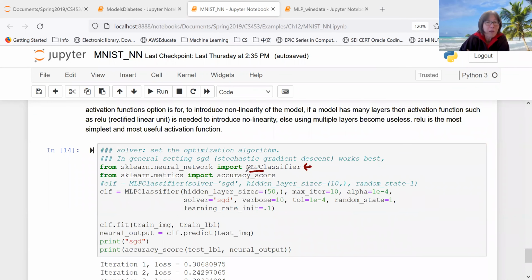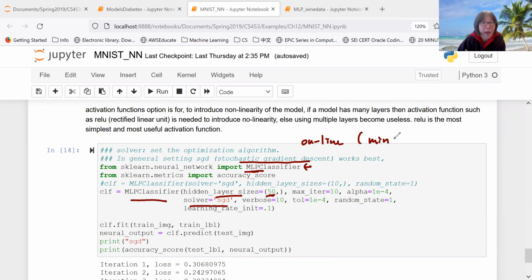We import the MLP classifier, and this time we use a single hidden layer with 50 neurons. We also specify the solver, and if you recall in our last class, we discussed that we can choose different solvers. This one is stochastic gradient descent, SGD. Because it's stochastic, it supports online learning, which means it supports mini batch.